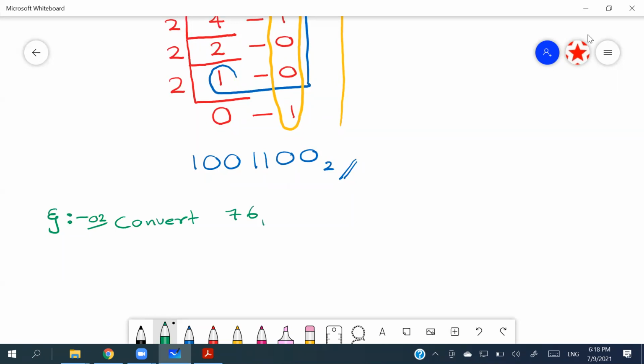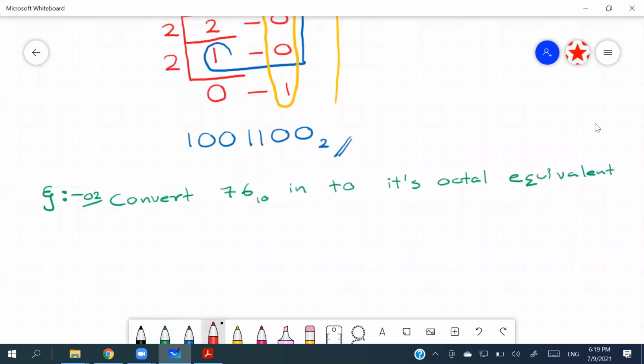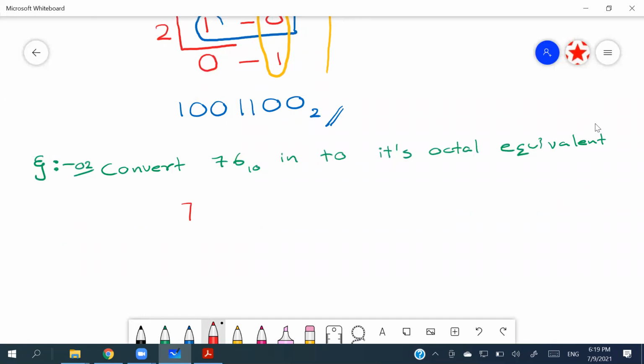Convert 76 into its octal equivalent, right? I think you have the plan now. So what we are going to do is convert the 76, the decimal value, and we are going to have the octal equivalent.